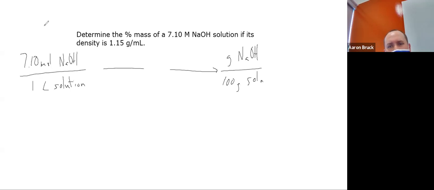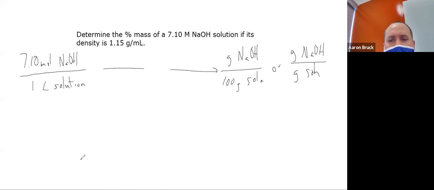And if that's not possible, then what I can do is grams of sodium hydroxide per gram of solution, and then multiply that by 100%. That's the definition of percent by mass.